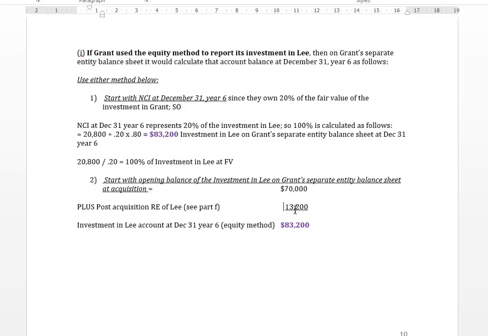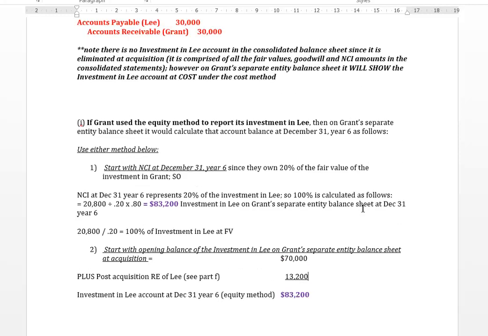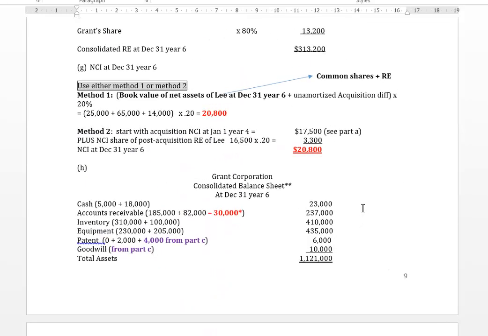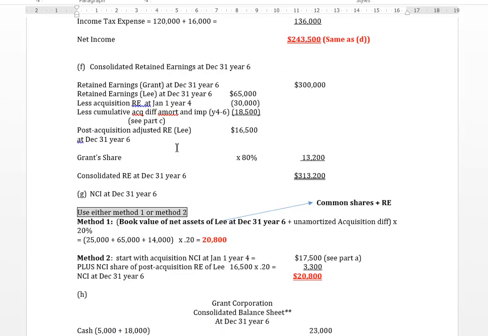And we already did this when we calculated our ending balance of consolidated retained earnings at the end of year 6. If you go back to part F, we did that. We said the post-acquisition adjusted retained earnings of Lee is $16,500 at the end of year 6. That represents the $65,000 in separate entity retained earnings of Lee, less its acquisition retained earnings. So again, we're only looking post-acquisition. Post-acquisition, there's only $35,000 of earnings that Lee has earned while it's been related to Grant.